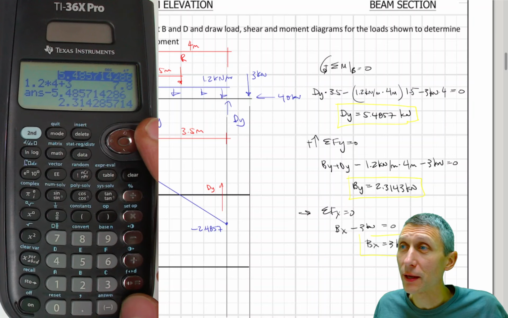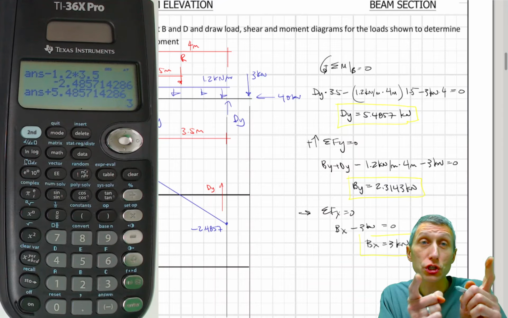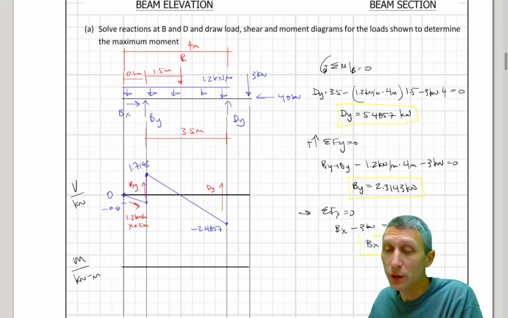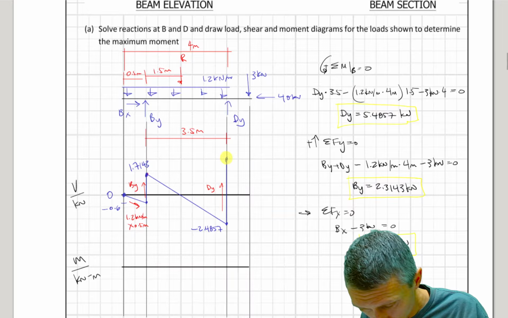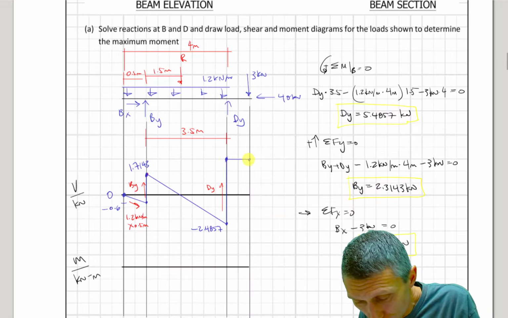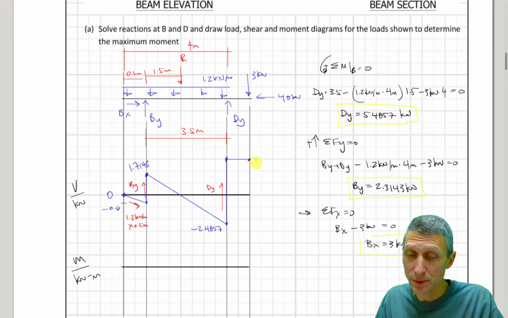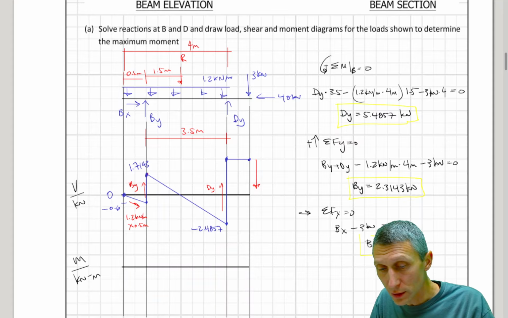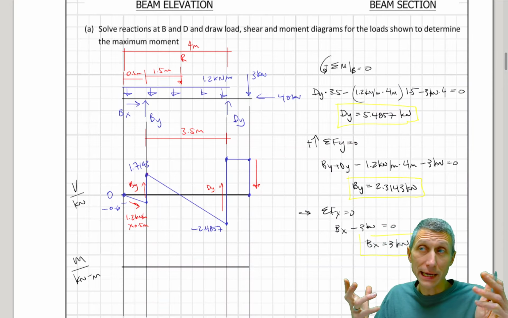And I add that in, and I get a value of 3, which is good news because when we look back here, this is going to come all the way up to 3, and then it's going to come straight over, and then this 3 kilonewtons here is going to drop us back down to 0. So that becomes my shear diagram.